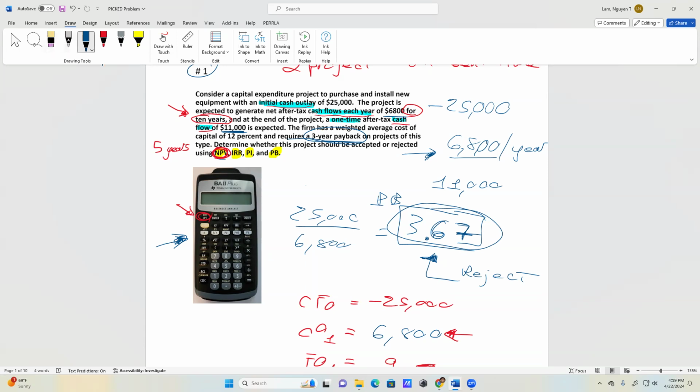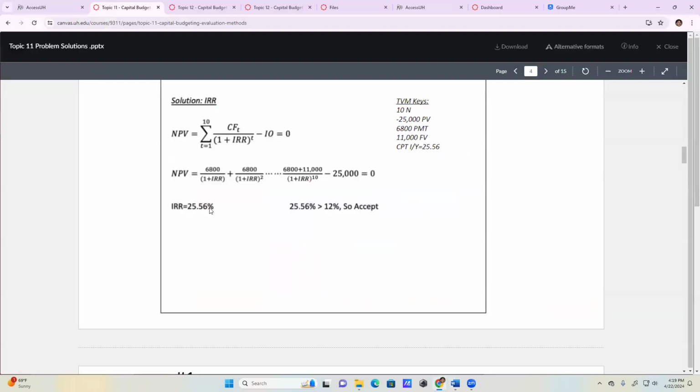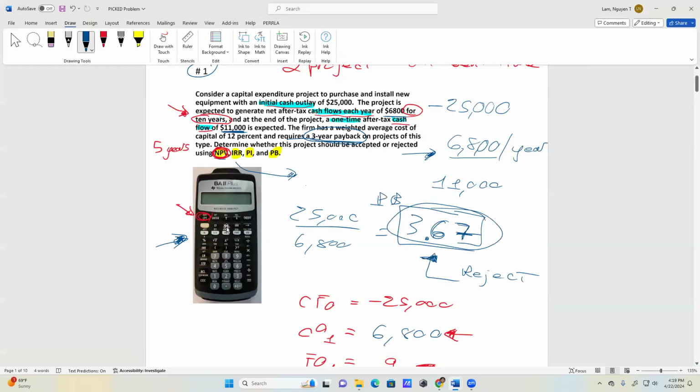Also, I forgot to mention when you're looking at the IRR, right? The value we got is 25.56% from before, and this value is higher than the 12%, which means we will accept this project if we're looking at the IRR.